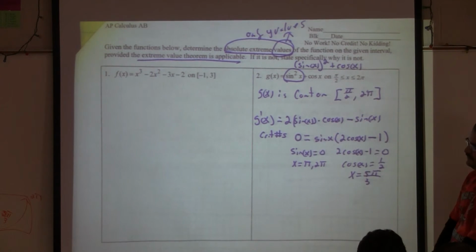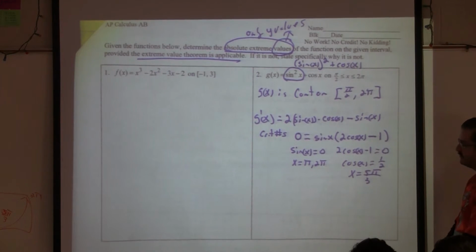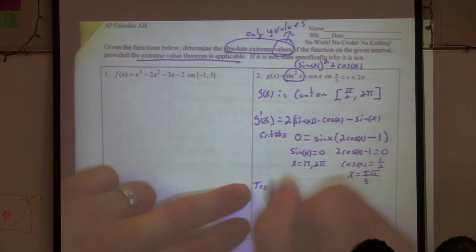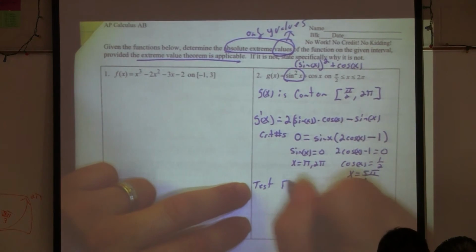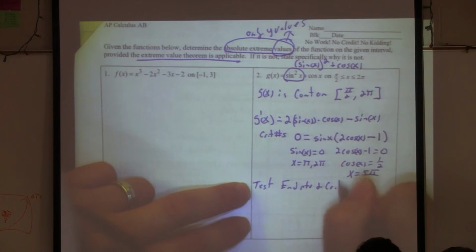So far so good? Alright, so now what do I do? Test the values. Which values do I test? Test endpoints and critical numbers in the interval.